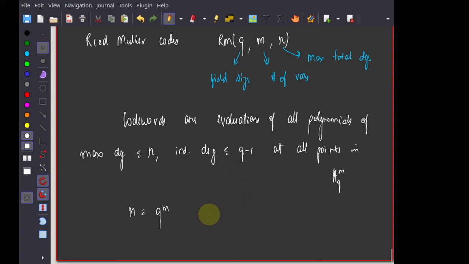Okay. The dimension, of course. So now, how many code words are there? So looking at all possible multivariate polynomials with max degree less than or equal to R, because the coefficient of the highest degree monomial could be 0.